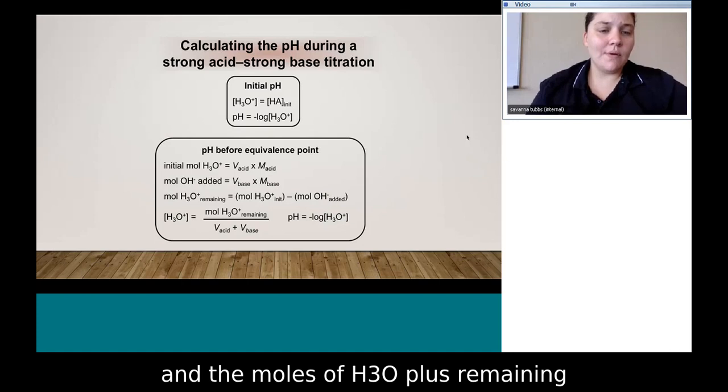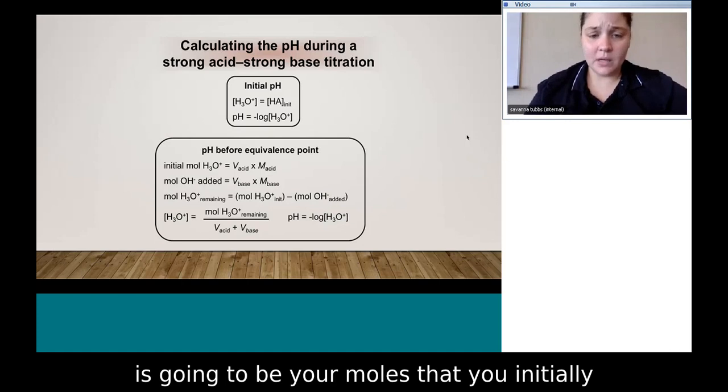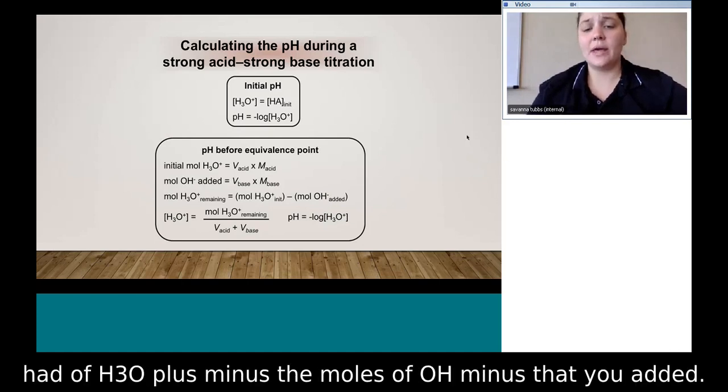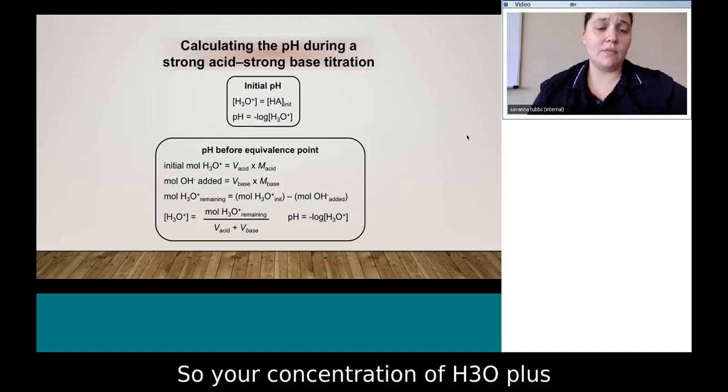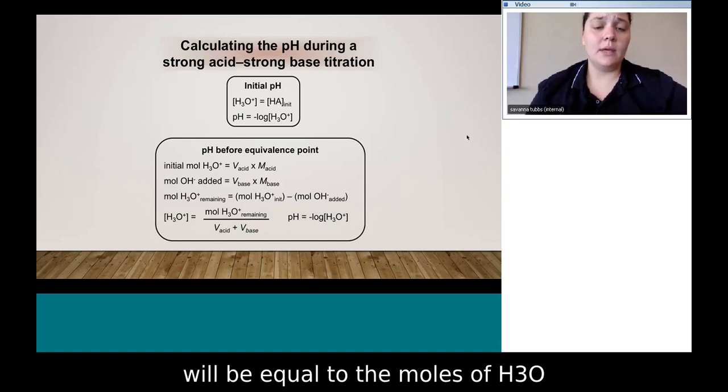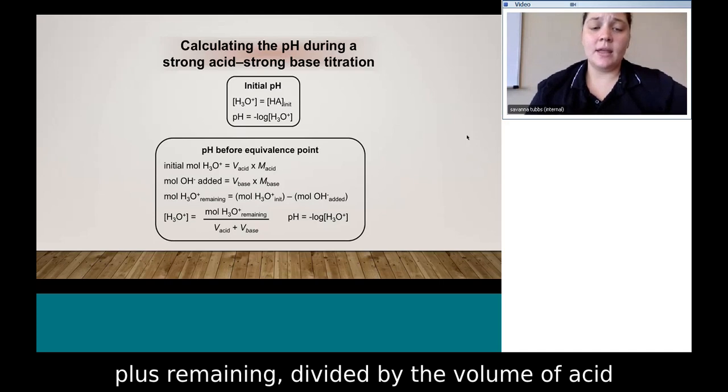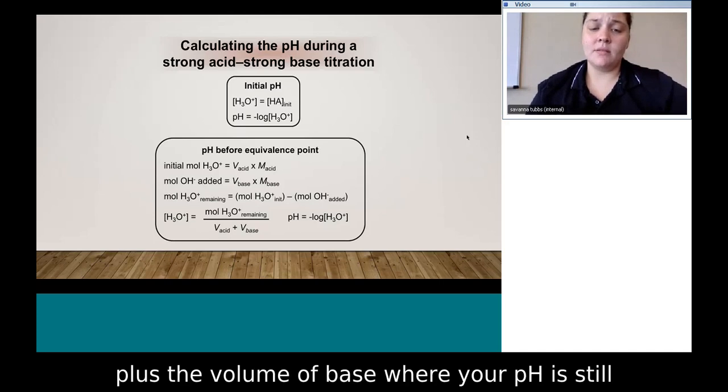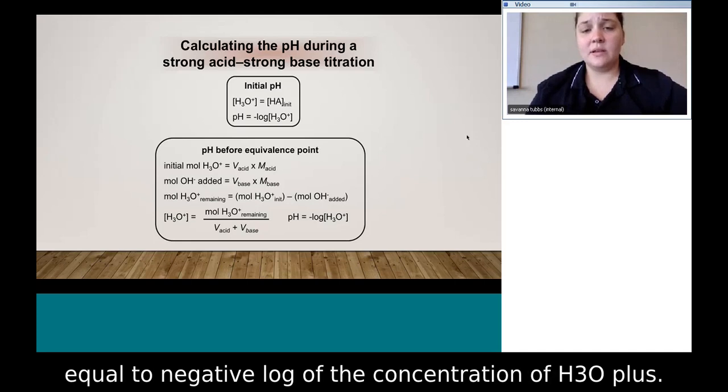And the moles of H3O+ remaining is going to be the moles that you initially had of H3O+ minus the moles of OH- that you added. So your concentration of H3O+ will be equal to the moles of H3O+ remaining divided by the volume of acid plus the volume of base, where your pH is still equal to the negative log of the concentration of H3O+.